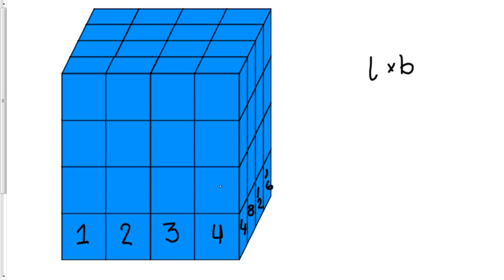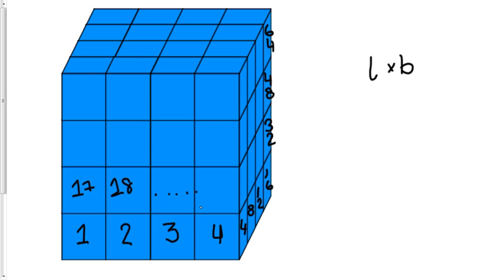So if we extend that upwards, well, I could say that that is cube number 17, 18, and I could keep going and going and going. That would take a really long time. So what I have to think is that I've got 16 down here, so the next layer is going to give me another 16, so that's going to take me up to 32. And another layer of 16 to take me up to 48, and then a final layer of 16 to take me up to 64 cubes.